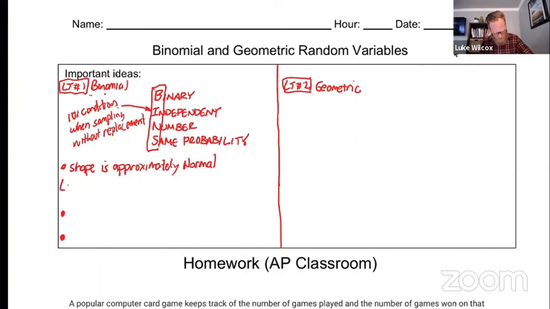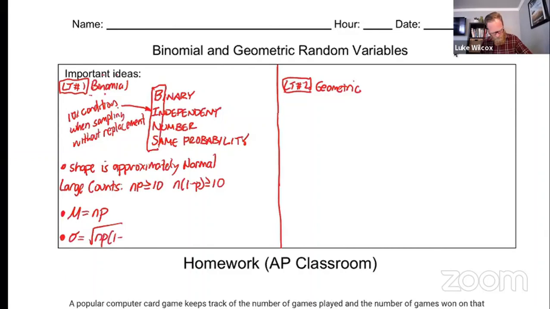So just as a reminder, the large counts condition says that n times p is greater than or equal to 10, and n times 1 minus p is greater than or equal to 10. Okay, for the center of the distribution, I'm just going to write out the formula for the mean for a binomial, which we can get from the formula sheet, and then the formula for the standard deviation, which we can get from the formula sheet, square root of n times p times 1 minus p.